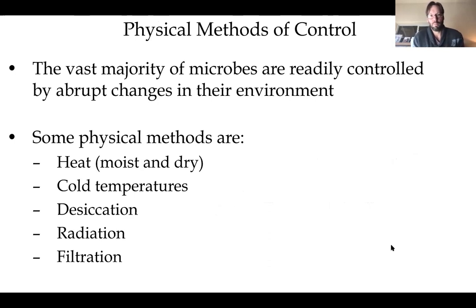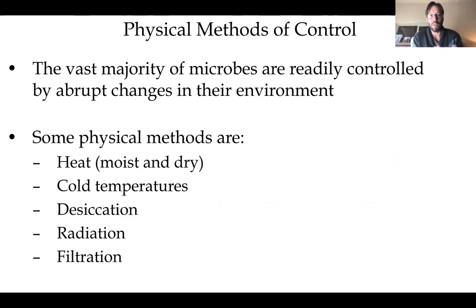Most microbes are readily controlled by changing their environment, unless they are those extremophiles that we talked about. But most of them have adapted to a very particular niche that we talked about last week, right?